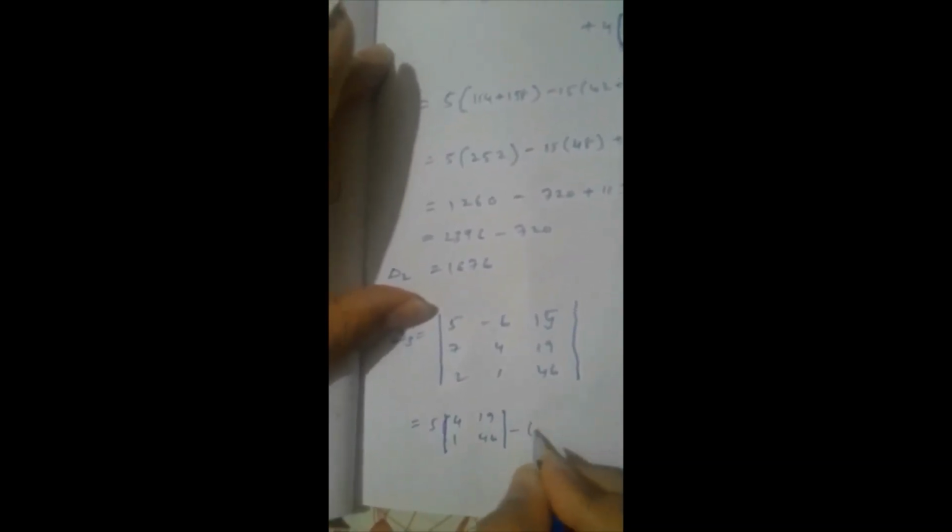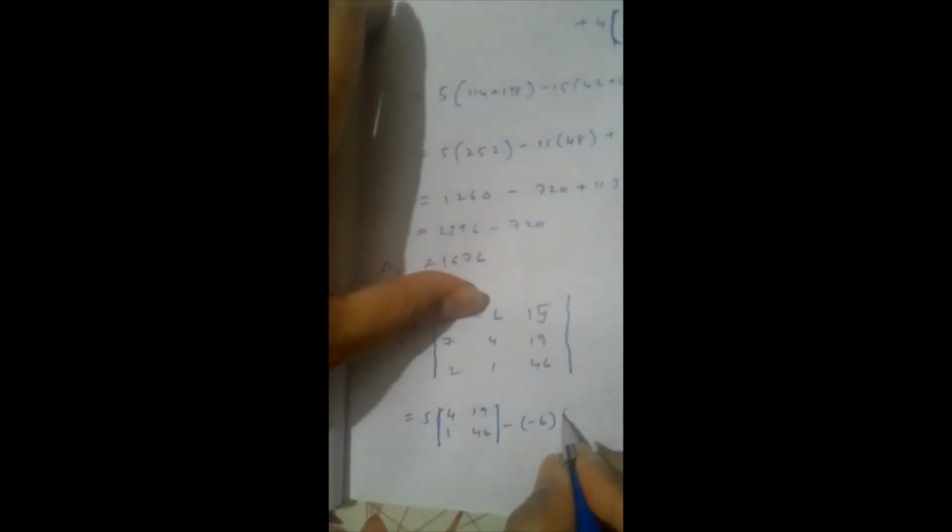Determinant, minus of minus 6 into, removing this and this, 7, 19, 2, 46. This is determinant, not matrix. Plus 15 into determinant 7, 4, 2, 1.